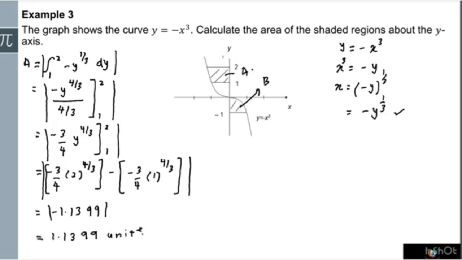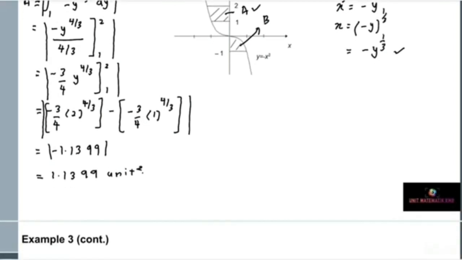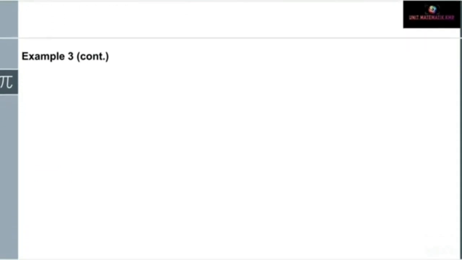Check region A, right? So for region B, we have to integrate. So B equals, we integrate from -1 to 0, and our function is negative y to the power of 1/3 dy.